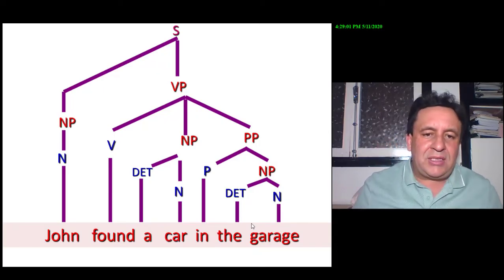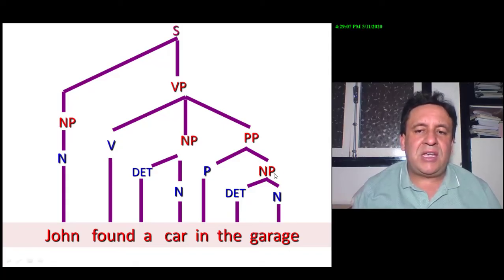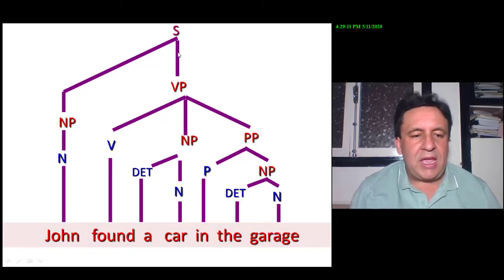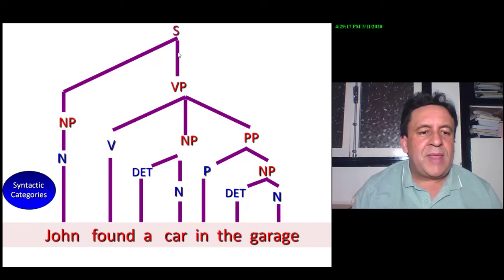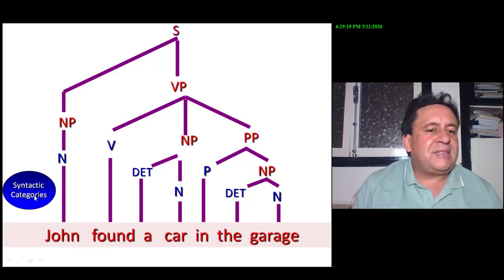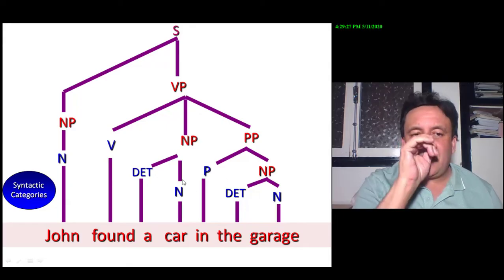So we identify the lexical items and the relationship between them, and we bring them together under constituents such as the NP, the PP, the VP, and the sentence. Now, just to introduce you to some terminologies. When we say syntactic categories, we mean parts of speech such as the noun, the verb, the determiner, the preposition, etc. We call them syntactic categories.